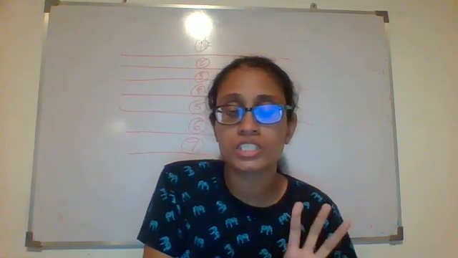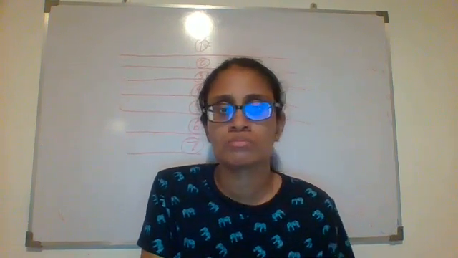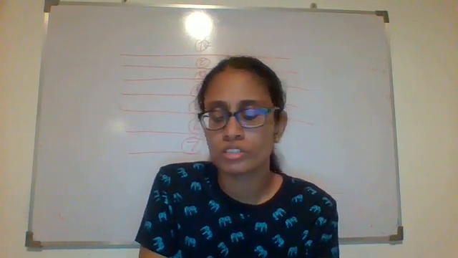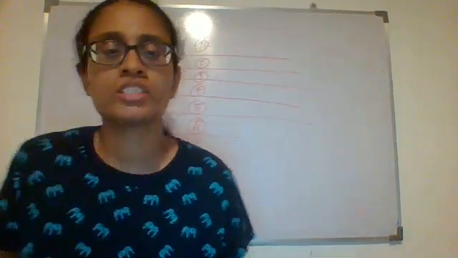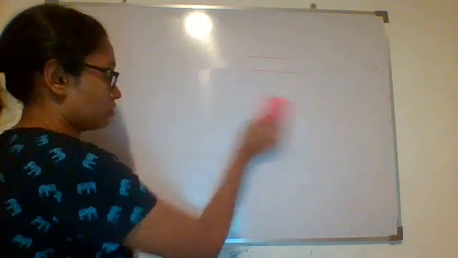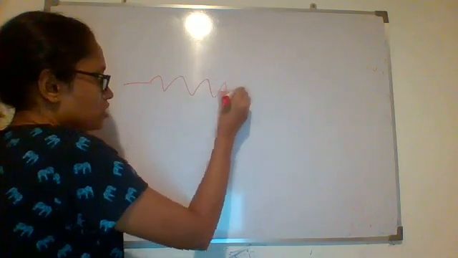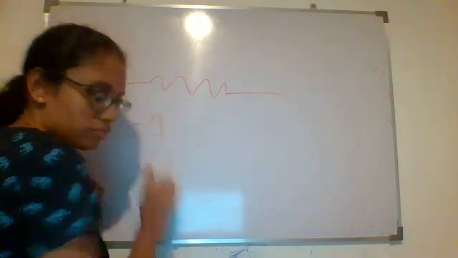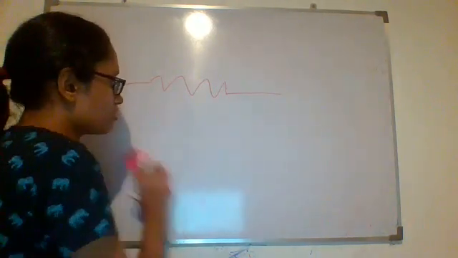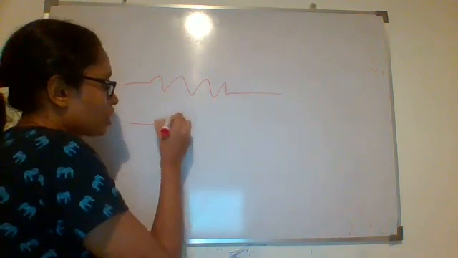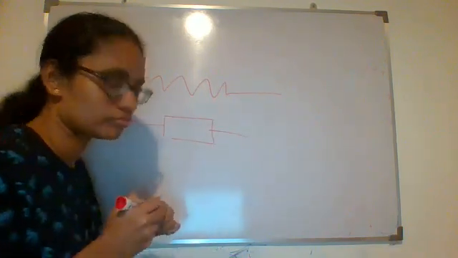So their resistance is constant. It cannot be changed. The symbol of a resistor is this. This symbol differs depending on the type of resistor. These are fixed resistors, so their value cannot be changed.